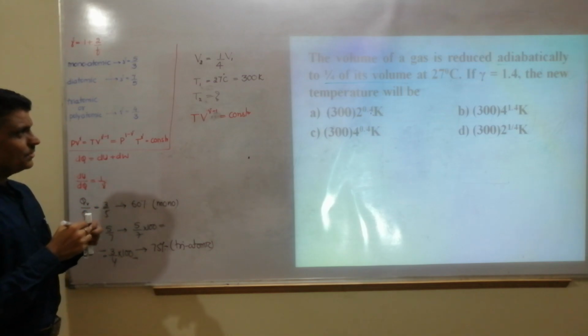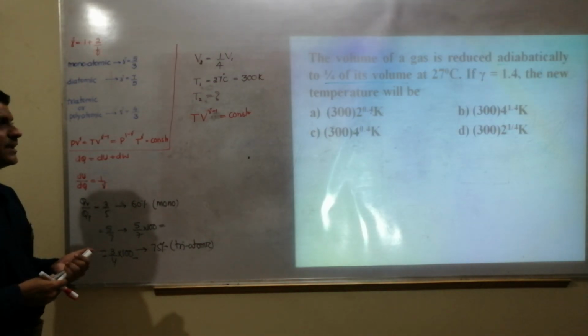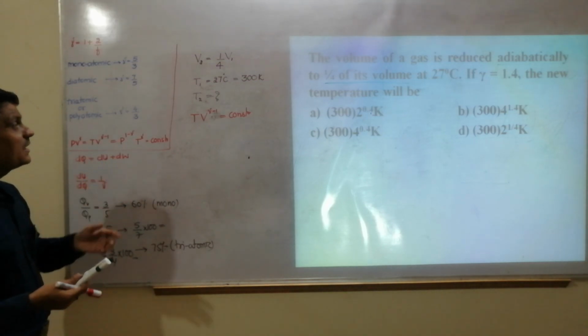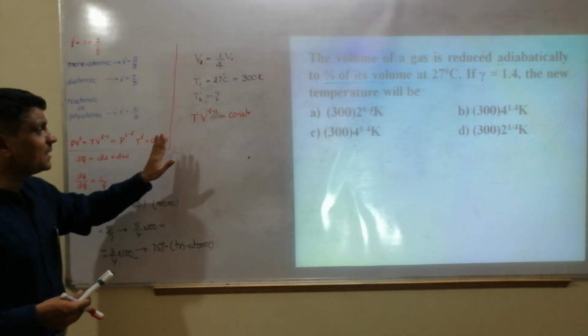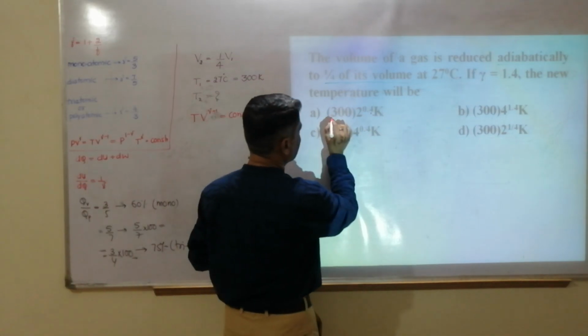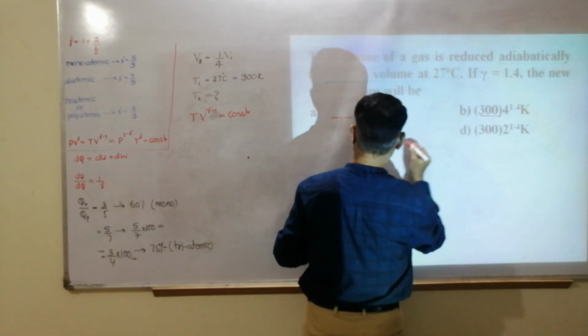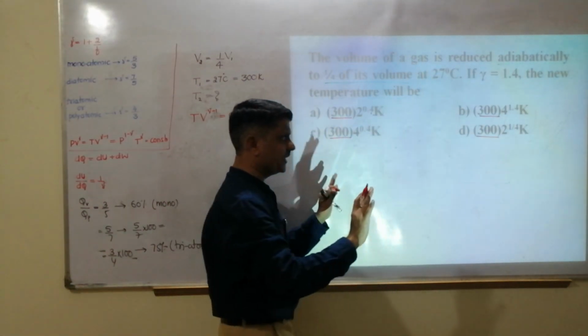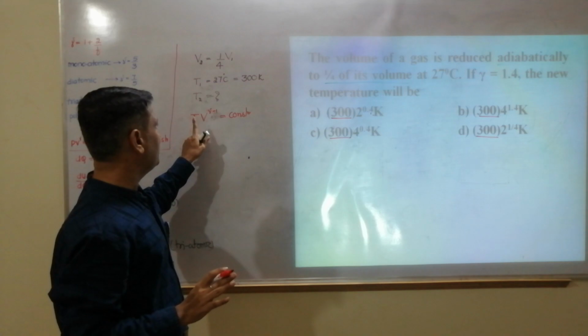Okay. So, if you substitute and simplify, you can get your answer. Overall also we can write. Anyway, our T is 300, which means in all options 300, 300, 300, 300. All are in Kelvin. No need to think about temperature.